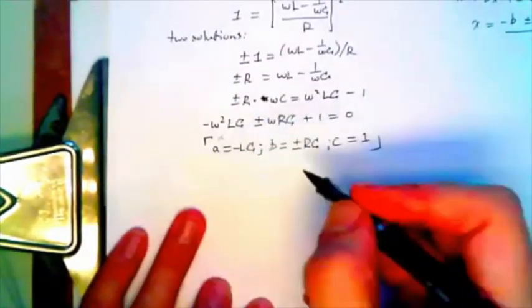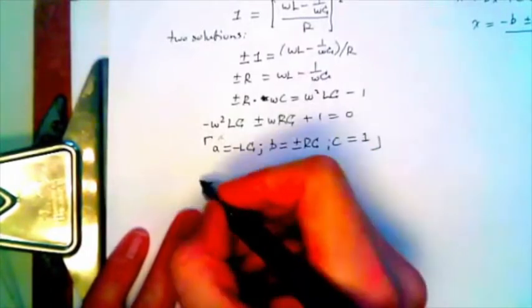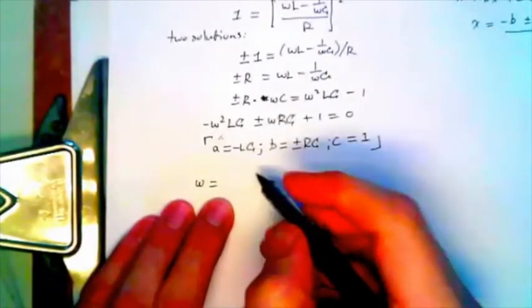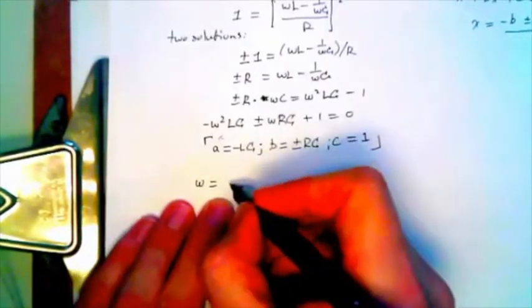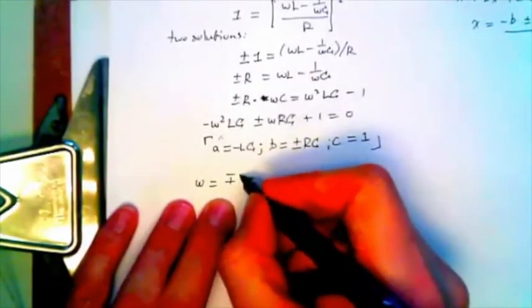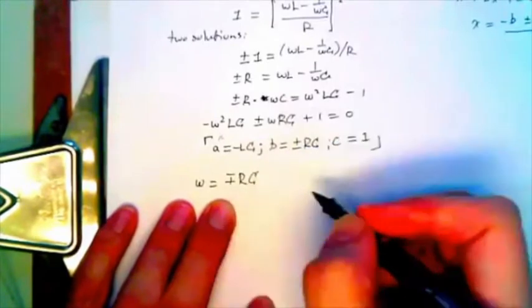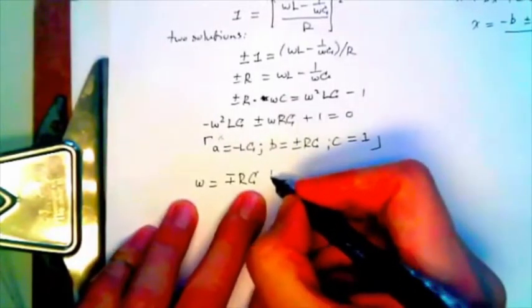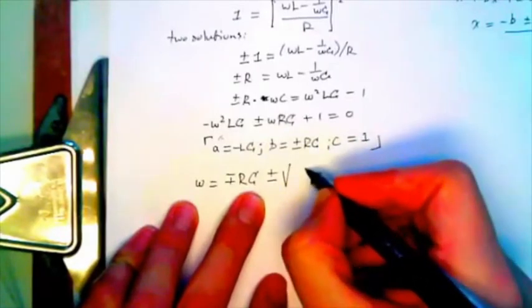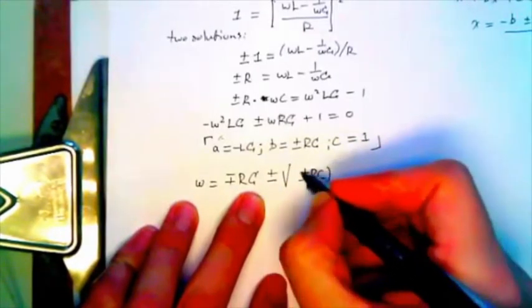Now, therefore, we get omega equals minus b, so that's this one. Now, when I have to invert it, I flip the 2 so I can still positionally figure out where I was, and I'll clear that up. Now, I'm going to take the plus minus RC and I'm going to square that.